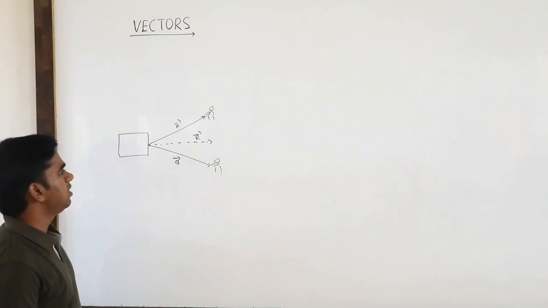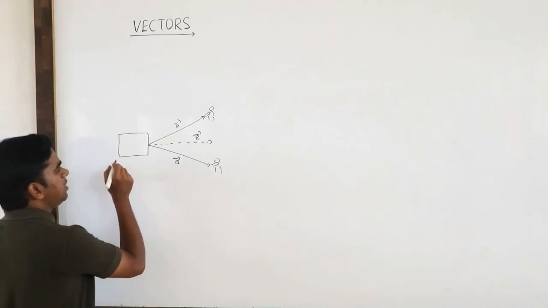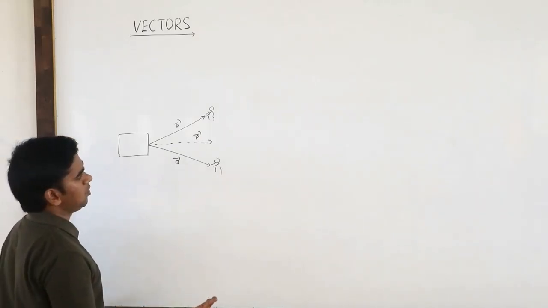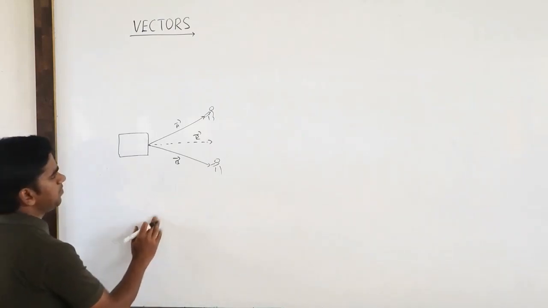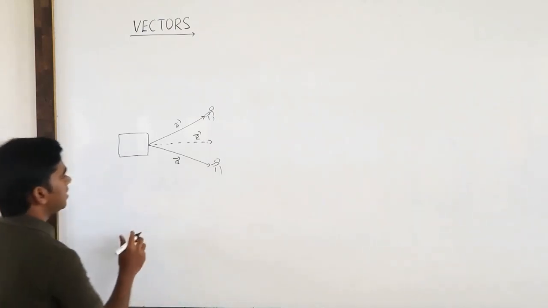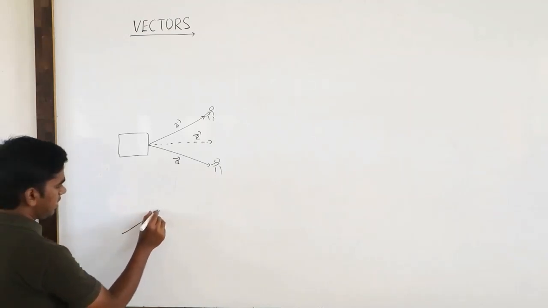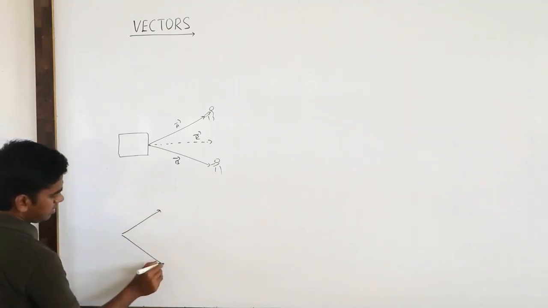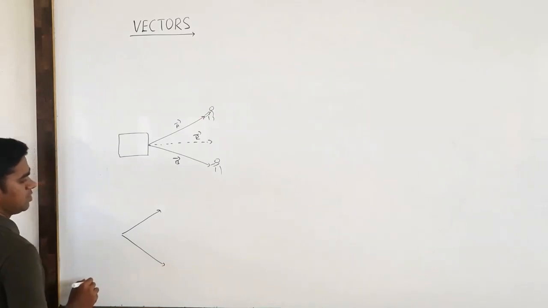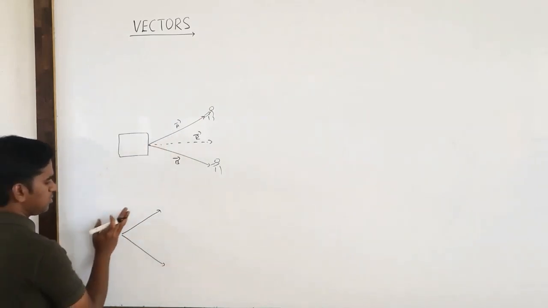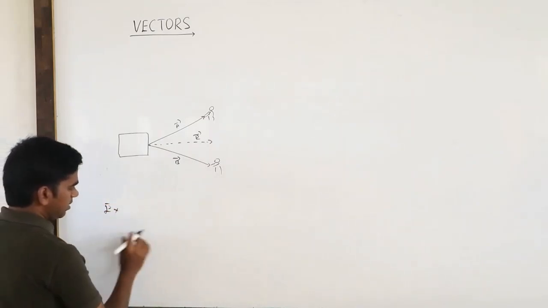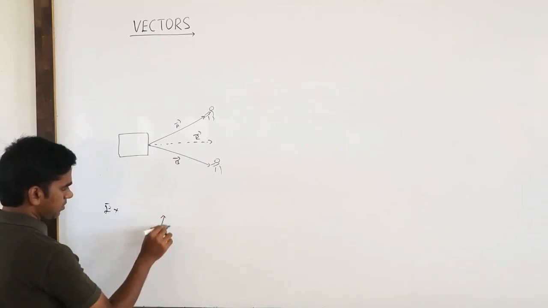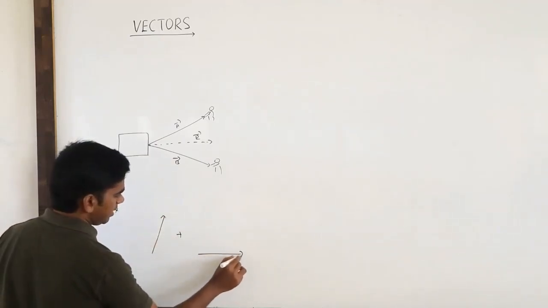Then how can we solve this, or what other law can we apply here? If this is the situation, let me take these two vectors separately, one vector in this direction and another vector in this direction.